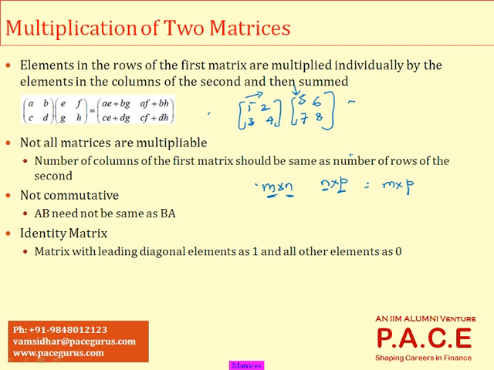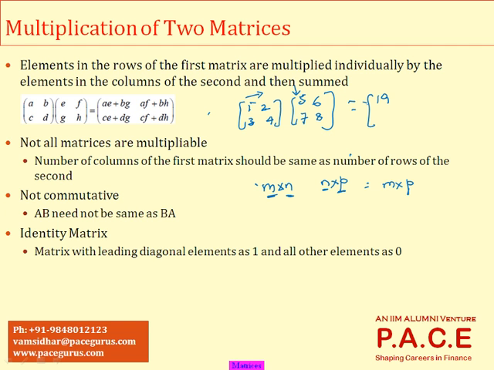Okay, now how are we doing the multiplication here? The first row you multiply with the first column. So the answer will be in the first position. First row, first element with the first element: 1 into 5, 5. 2 into 7, 14. 5 plus 14 is 19.